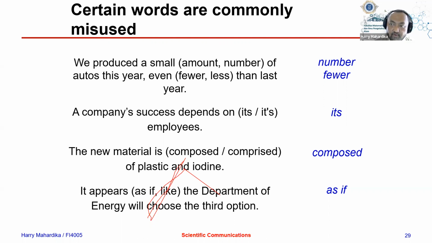However, in formal writing, I'm talking about the formal format of the writing, it should be: it appears as if the Department of Energy will choose the third option, instead of "like", because the usage of "like" is usually used in informal or not formal situations.